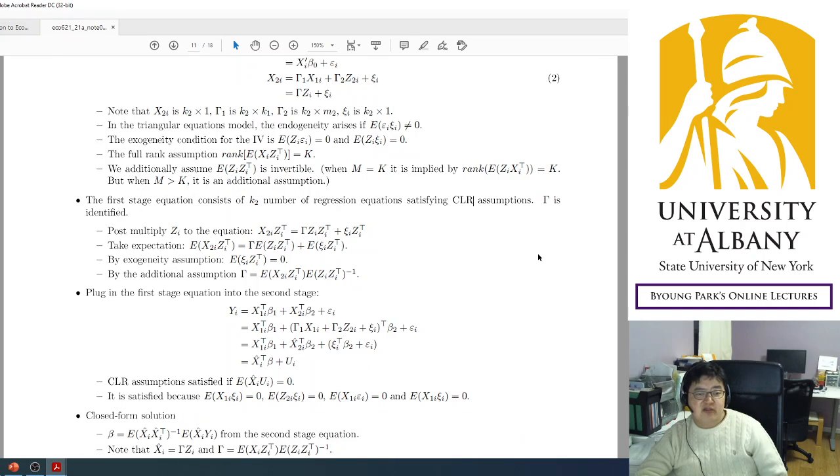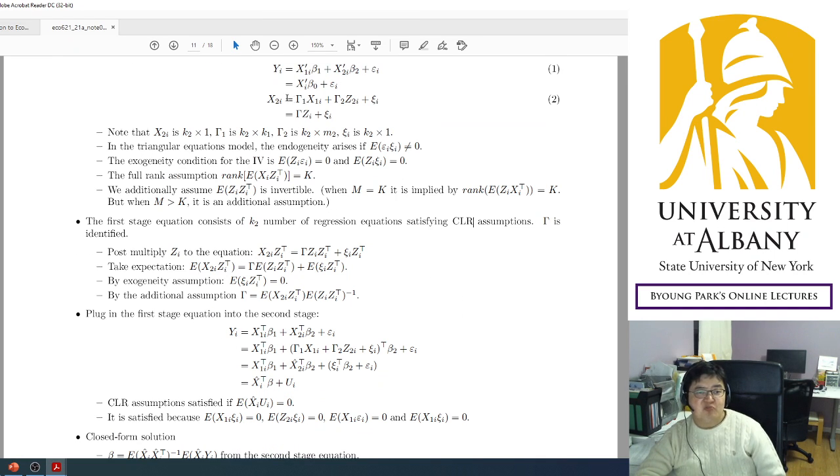This step is not that bad, but what you need to do here is replace x2 in the second stage equation with this full equation. Then we put psi together with epsilon in the error term. So in the second stage, the actual error term you are going to handle is a bigger one, psi beta 2 plus epsilon.